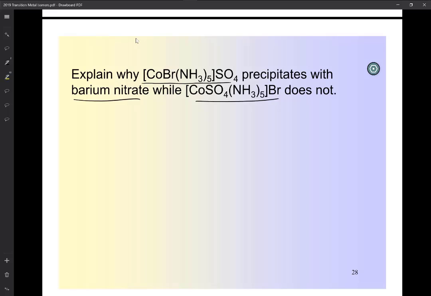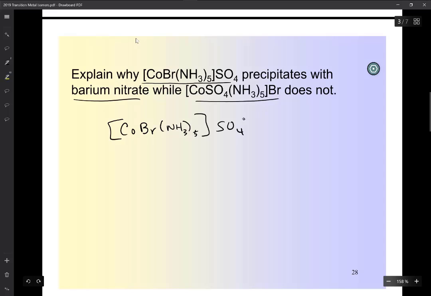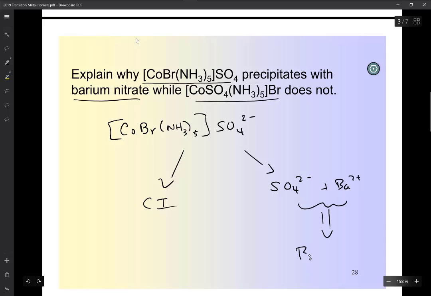So for example, when Co(Br)(NH3)5 sulfate goes into solution, these things will break up, and so you'll have the complex ion over here, and then you'll have sulfate over here. And then when you bring that in contact with barium, barium sulfate is insoluble, so you get barium sulfate as the precipitate.